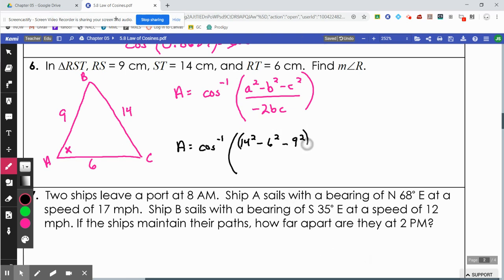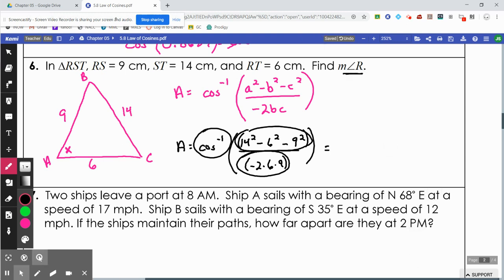And as you type that in, make sure you put it in parentheses, over negative 2 times B, which was 6, times C, which was 9. Make sure you put that in parentheses. You can type the whole top in, divide it by whatever that is multiplied, find the inverse cosine of that. You can type the whole thing into your calculator now, and you're going to get that angle A, which is the missing angle, which is actually our angle R, is equal to right at 137 degrees.